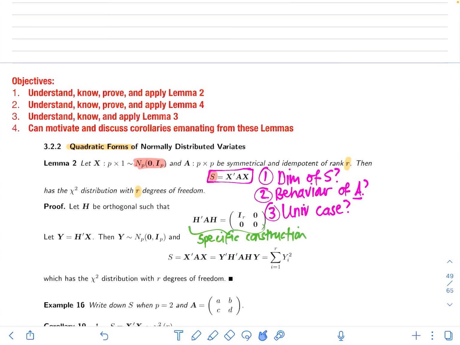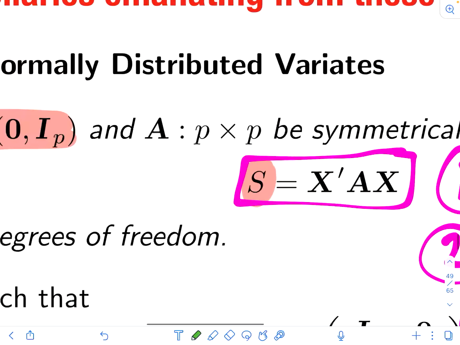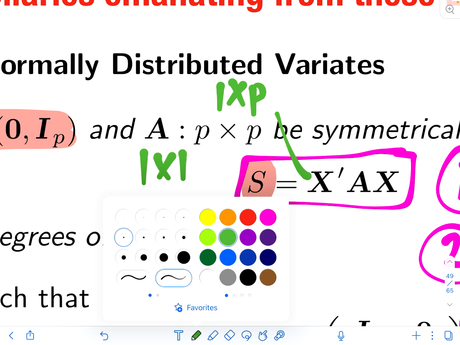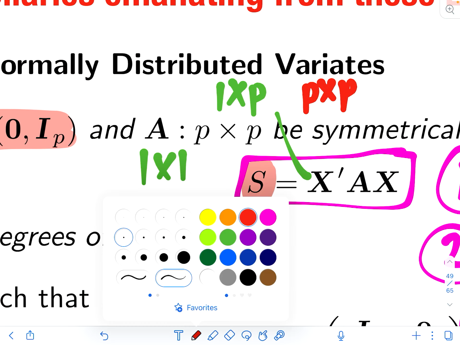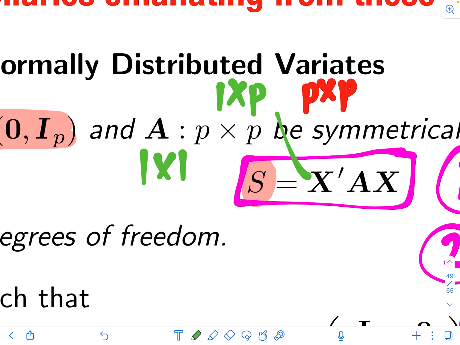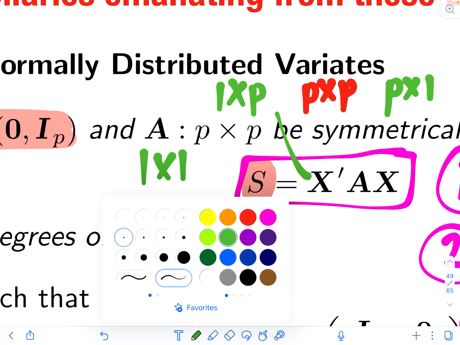Before we prove this lemma, let's just answer some brief questions. What exactly is the dimension of S? Well, we just said it's univariate. If it's univariate, it means it's 1 by 1. Let's verify that. X transpose is 1 by p. A, we saw, is p by p. And X, we saw, is p by 1.